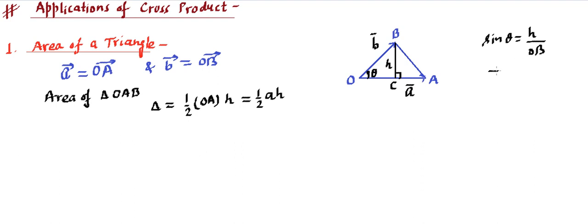So from here the height is going to be OB length into sine theta. But OB is nothing but the magnitude of vector B, so h is going to be B sine theta.